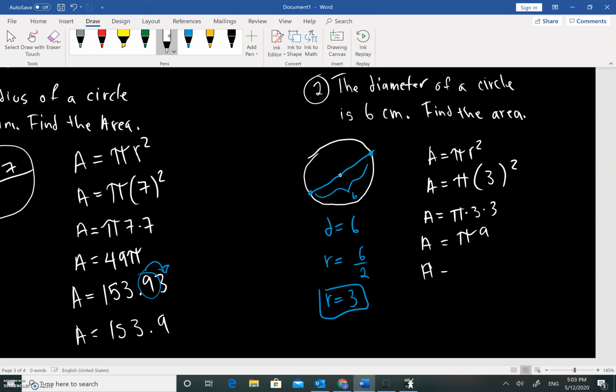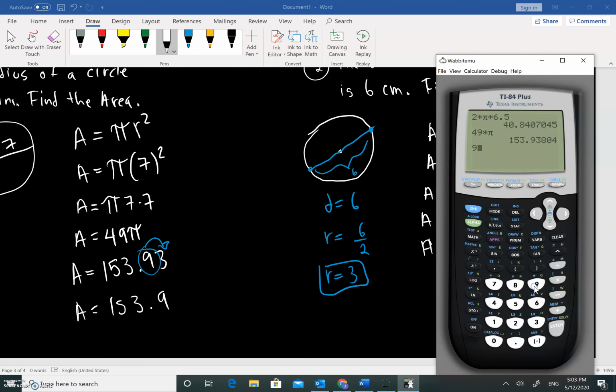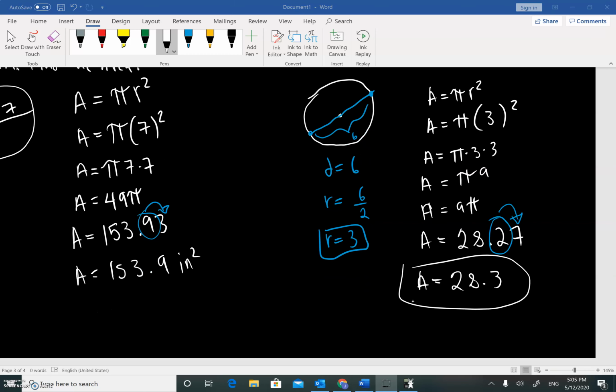Area is equal to 9 pi. And this is what we have to input into our calculator. So we have 9 times pi, and that's 28.27. So area is 28.27, and because we're using square units, this is going to be centimeters squared.